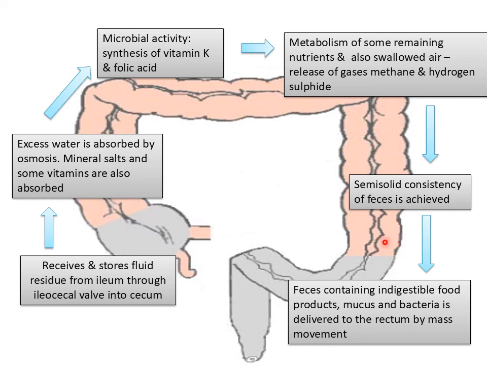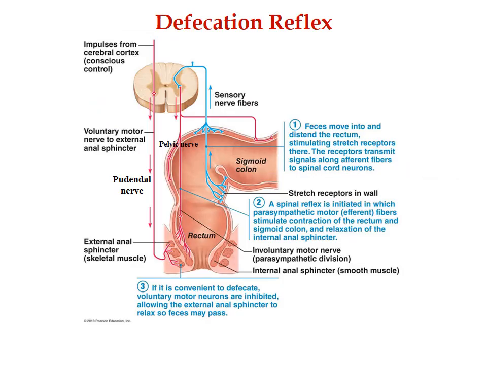So mass peristalsis is a powerful contraction which brings about the movement of the semi-solid waste material, the feces, towards the rectum. That movement is called mass peristalsis. The defecation reflex: when the feces moves into the distended rectum, stimulation of stretch receptors will take place.